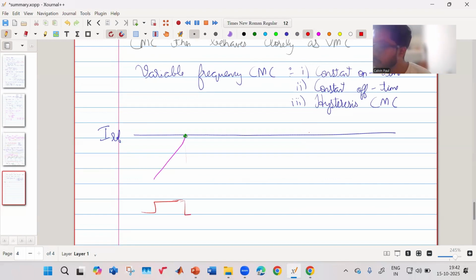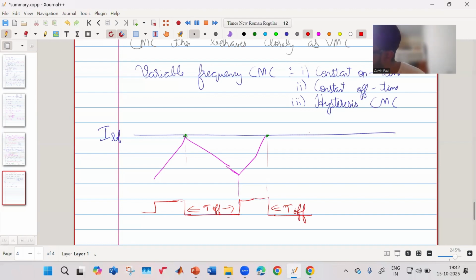Your gate signal will be off for a fixed duration. So it will fall till that value. Again, it will start to rise. Again, when it touches your peak, your gate signal will go off. And again it will be off for this fixed duration.